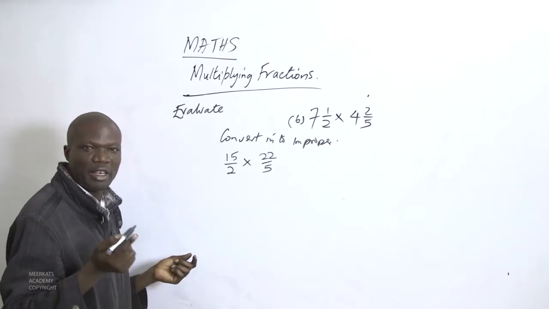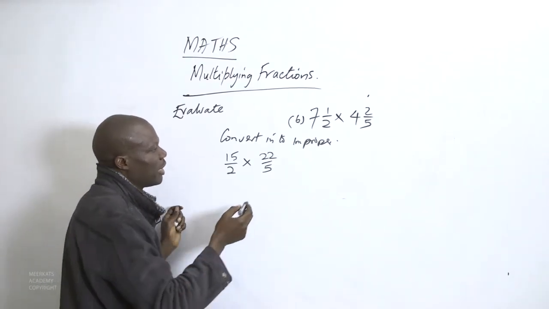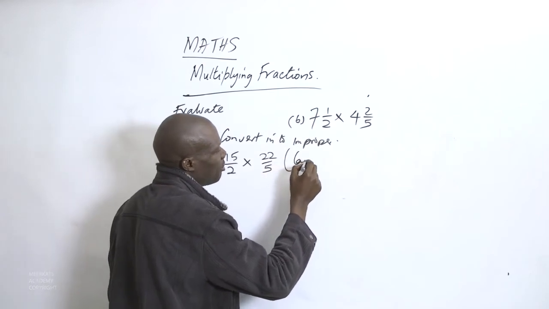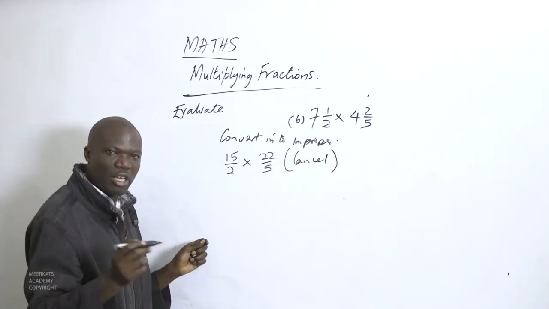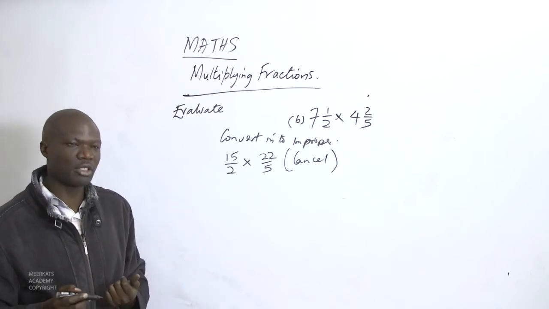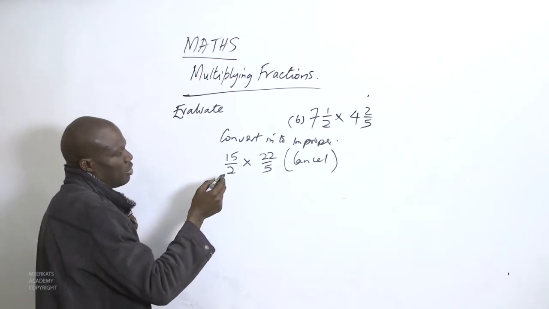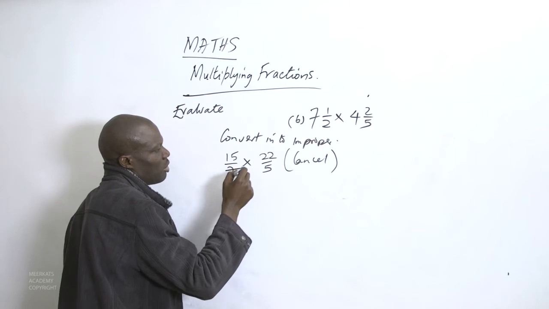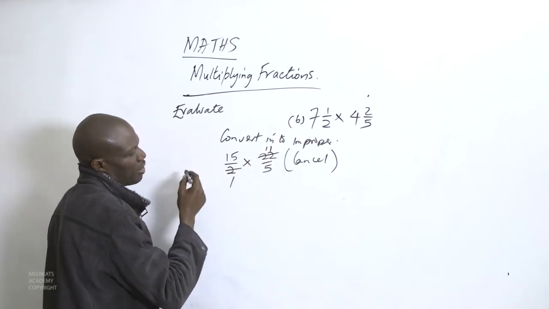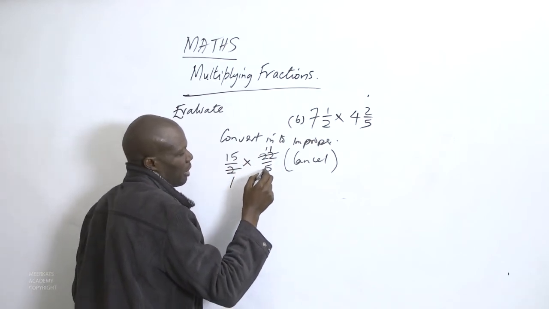There we are. Then the next thing is, look at it and see, is there a place we can simply cancel? If we can cancel, then look at what is common. We realize that 2 diagonally is common, so 2 by 2 is 1, 22 by 2 is 11. Diagonally 5 is also common. 15 by 5 is 3, 5 by 5 is 1.